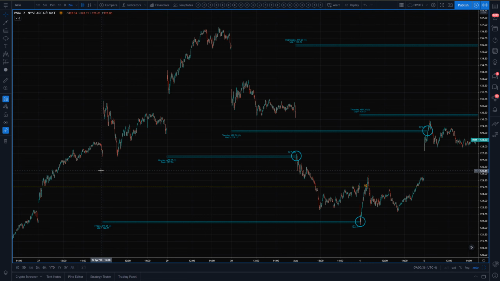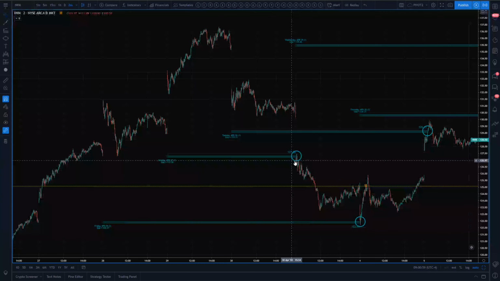And sometimes the big players will front run gaps. They'll sneak up towards the gap and not quite fill it, then back away, and then finally fill it maybe a day or two later or something like that. So they're definitely price magnets for whatever ticker you're dealing with to actually visit.